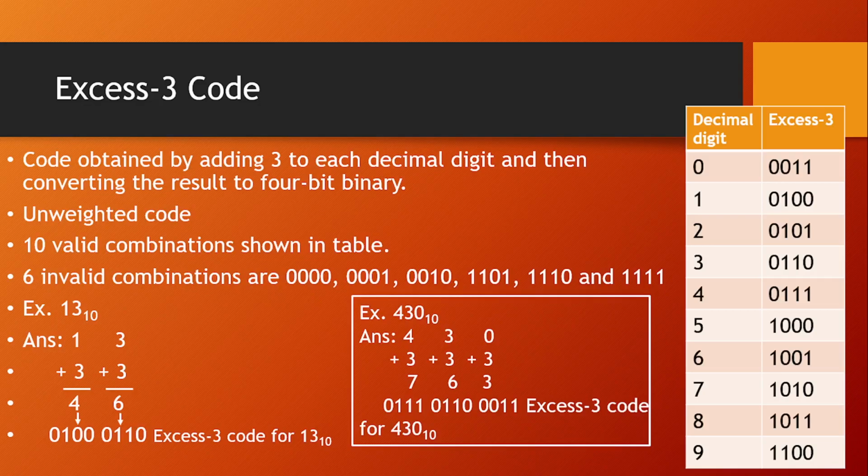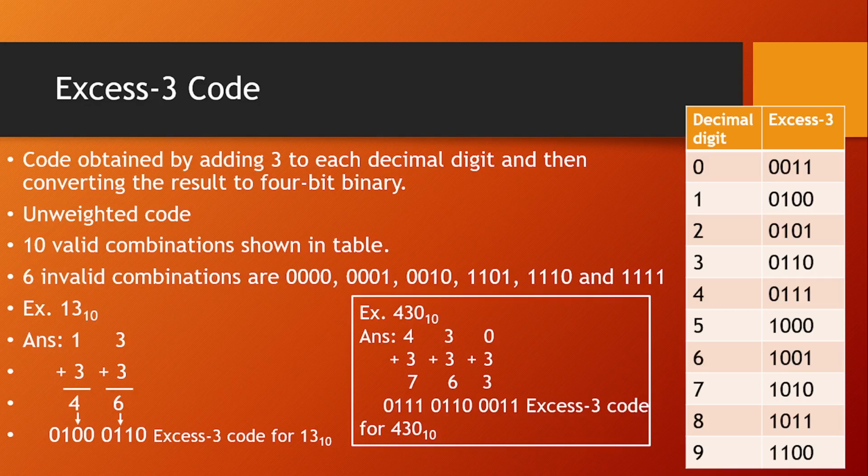So the obtained binary number is the XS3 code for the given decimal number. With this, we can summarize the 3 codes: 8421 BCD code, which is the weighted code, and gray code and XS3 code as unweighted codes.